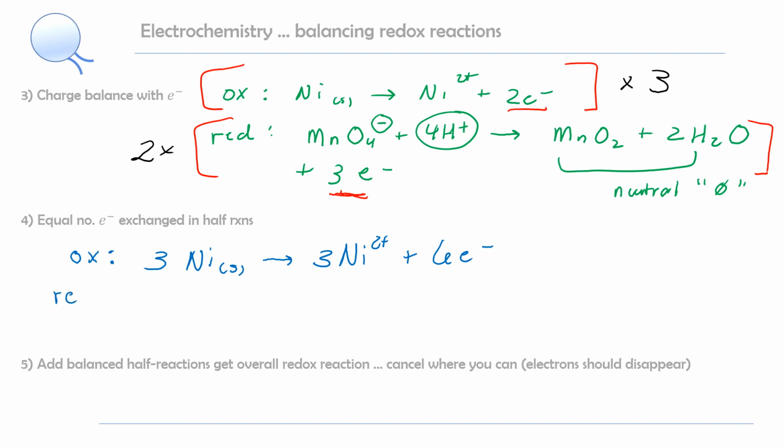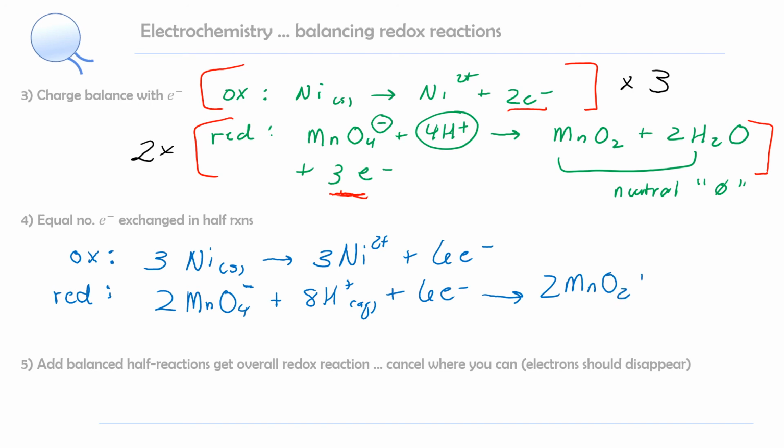Your reduction is going to be 2 permanganate ion, plus 8 hydrogen ions in solution, plus 6 electrons, yielding 2 MnO2, 4 waters.